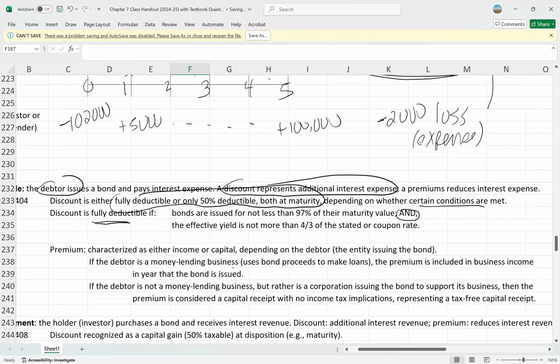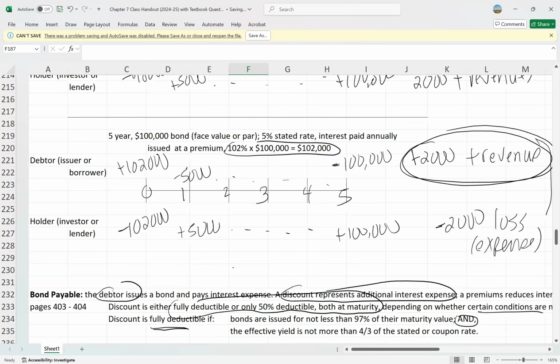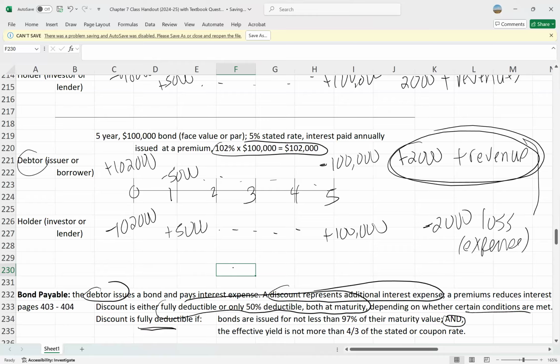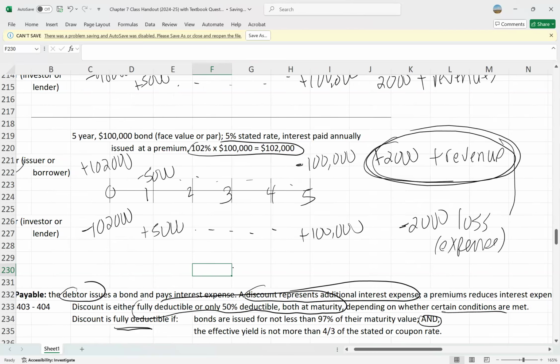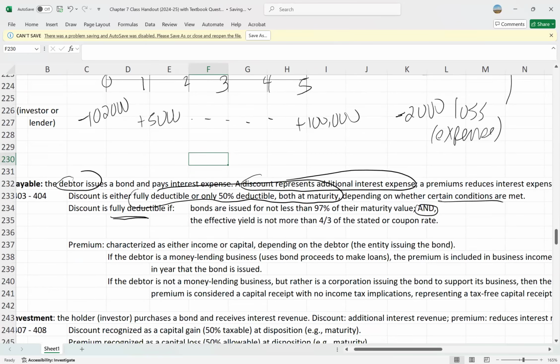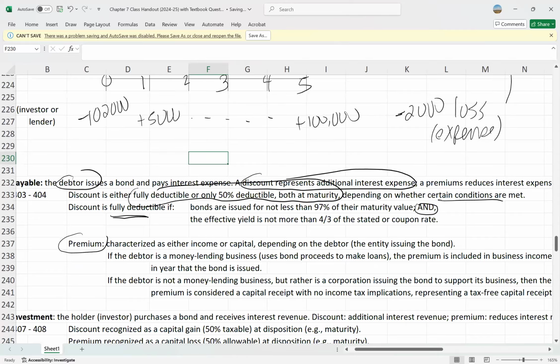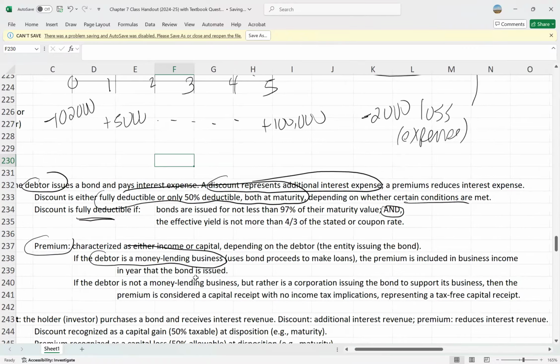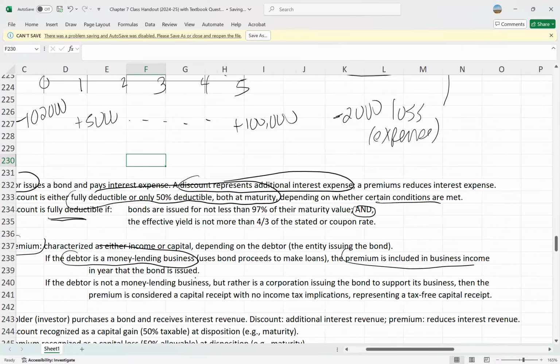If you are the debtor and it is a premium, that means you got an extra amount of money. In this example, you got an extra 2,000. If it's a premium, then it depends on who the debtor is. If the debtor is a money lending business, for example, a bank, then that premium is included in business income in the year the bond was issued.